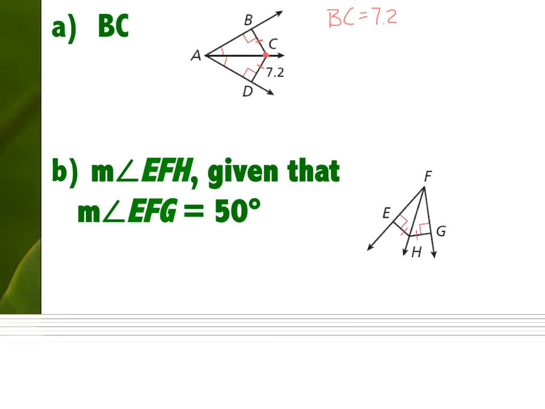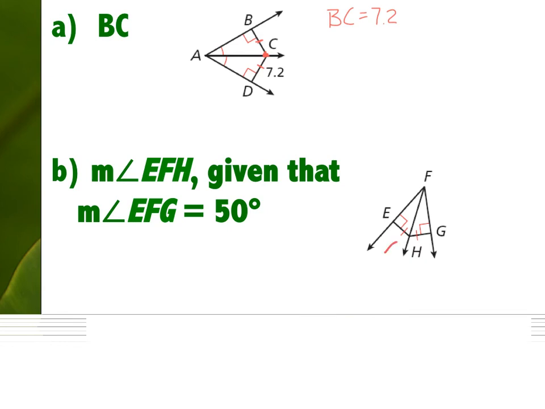So now we're given that H is equidistant to the sides of the angle G and E. So HG is congruent to HE. We can tell by these tick marks here. So we know that H is on the angle bisector. So this angle here is going to be congruent to this angle here.